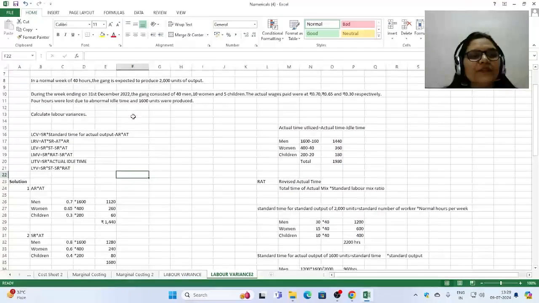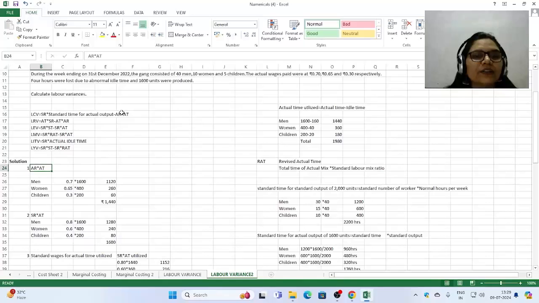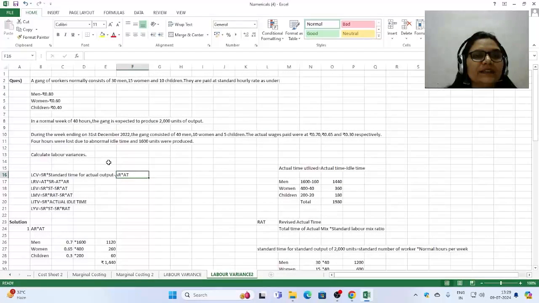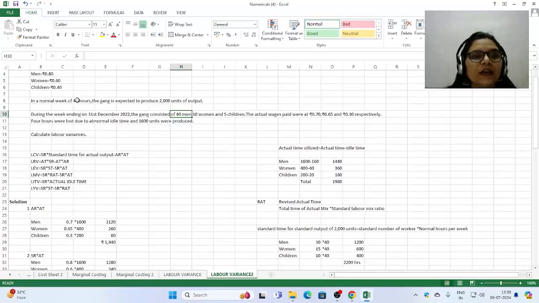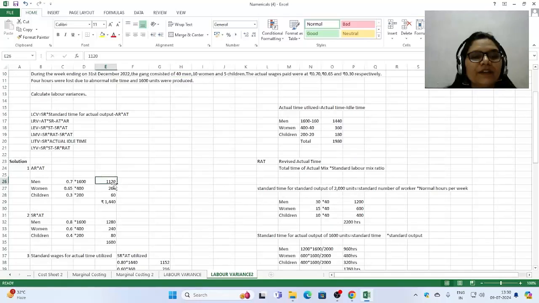Now first of all, we will calculate actual rate into actual time, men, women and children. Actual time is 40 hours worked. 40 into 40, 1600, 40 into 10, 400, 40 into 5, 200, total 2200, and 1440 in wages.